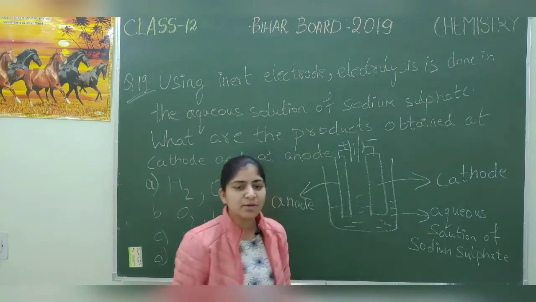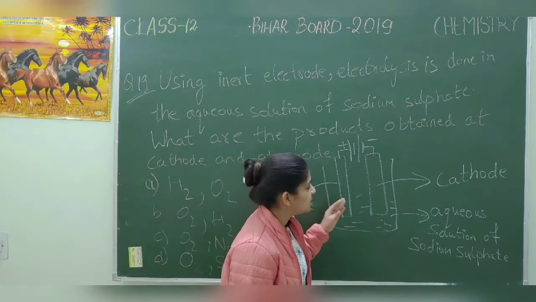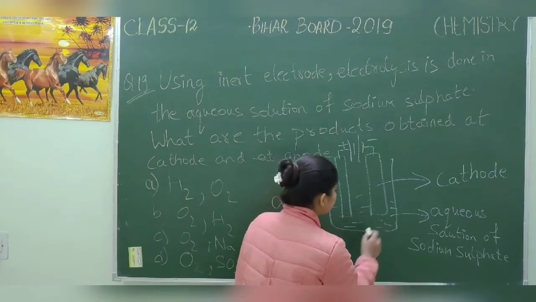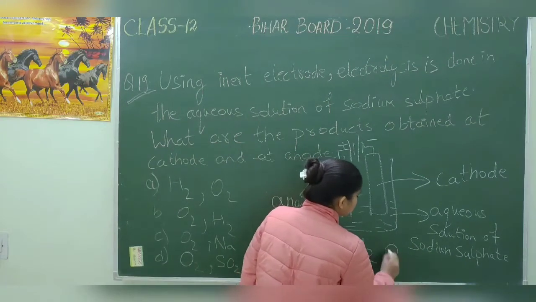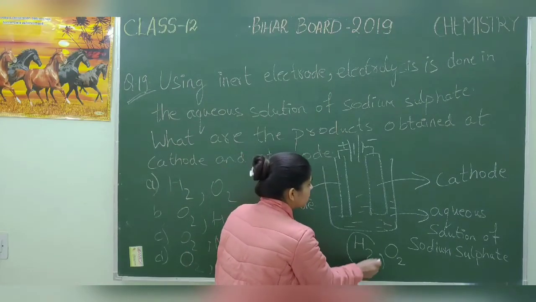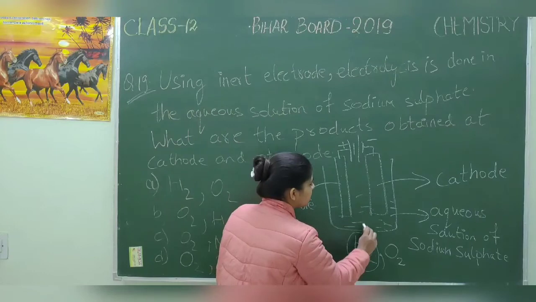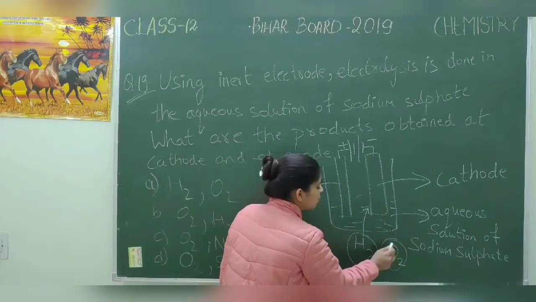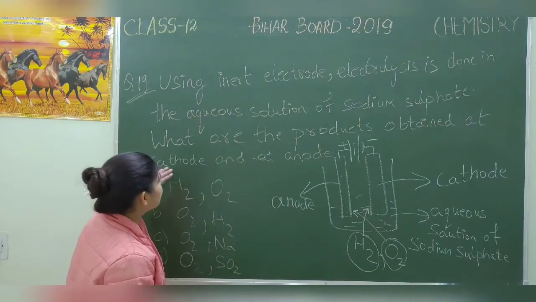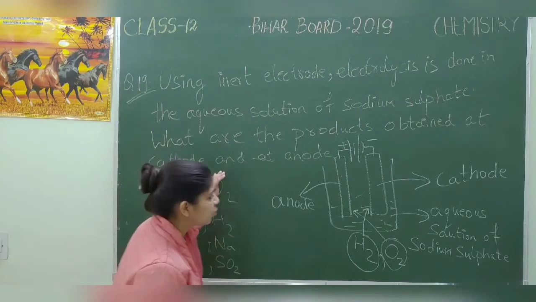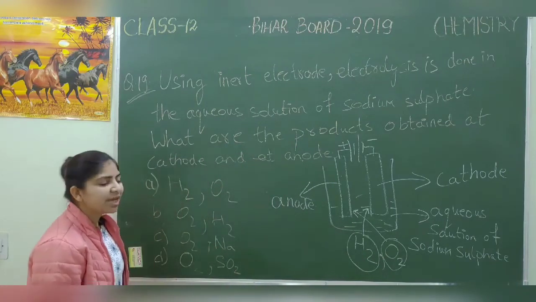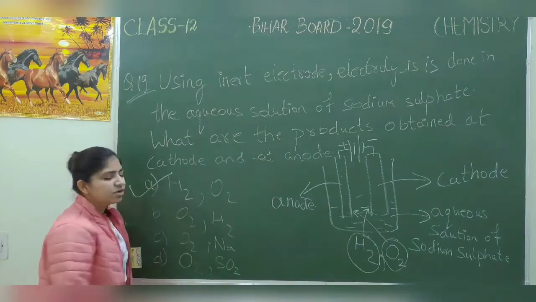We have to find the products when electrolysis is done in the aqueous solution of sodium sulfate. Then what will happen? Hydrogen and oxygen are produced as products, and hydrogen will move towards the cathode and oxygen will move towards the anode electrode. So what are the products obtained at cathode and at anode? At cathode hydrogen will be obtained and at anode oxygen will be obtained. So we can say that our first option is our answer.